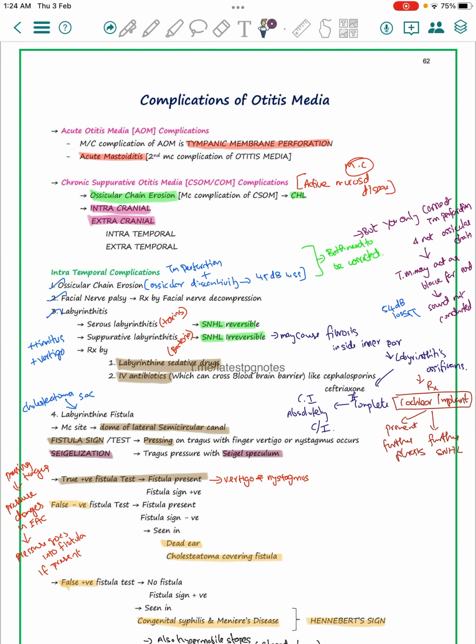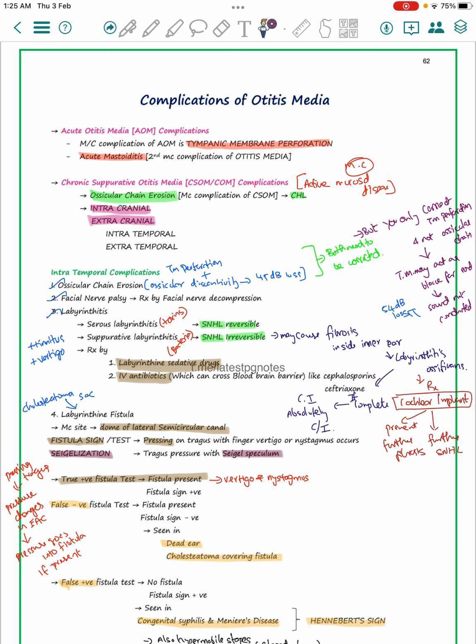Within the temporal bone, it causes ossicular chain erosion. This ossicular chain erosion plus tympanic membrane perforation may cause a total loss of 45 dB. But if you correct only the tympanic membrane perforation and do not repair the ossicular chain erosion, then when you close the tympanic membrane, the sound reaching the stapes will be reduced further, and it can cause a total loss of 54 dB.